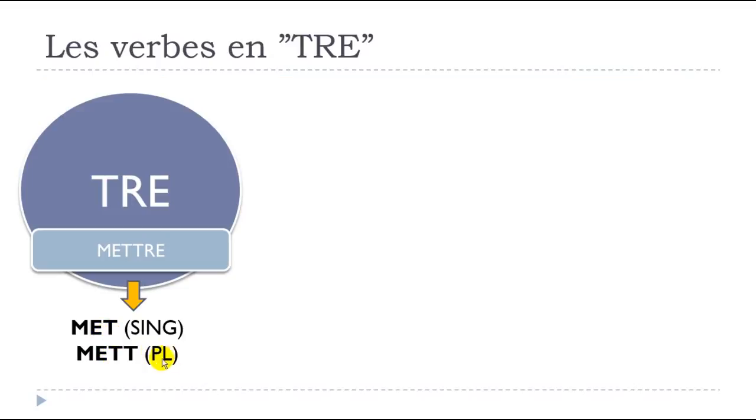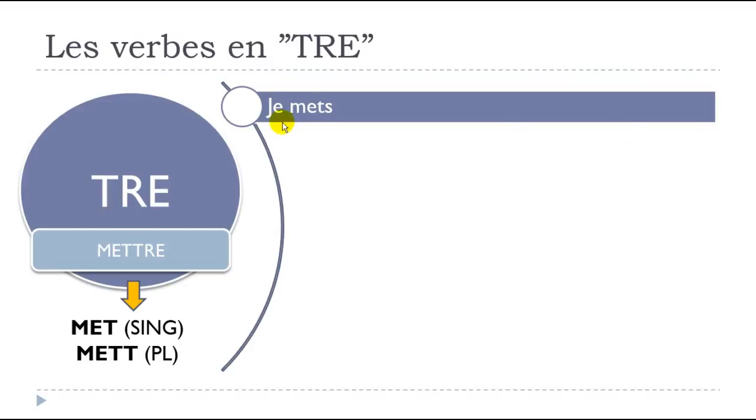And for the plural, you will have another stem, another root, and it will be M-E-T-T. This is the tricky thing with these verbs. So, je mets. You can see that you put back this root, M-E-T, and then you add the ending, S.